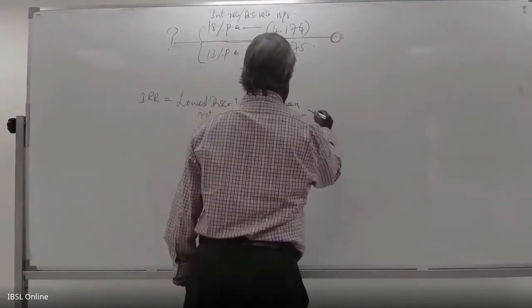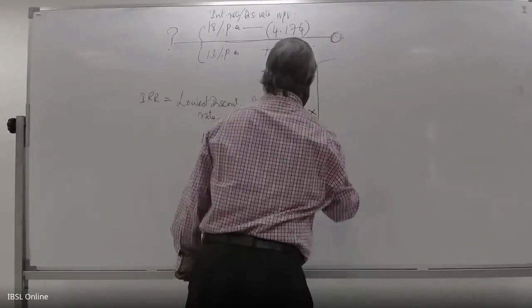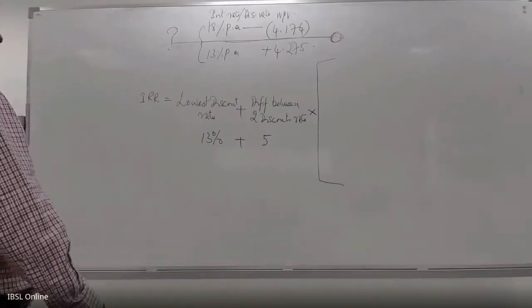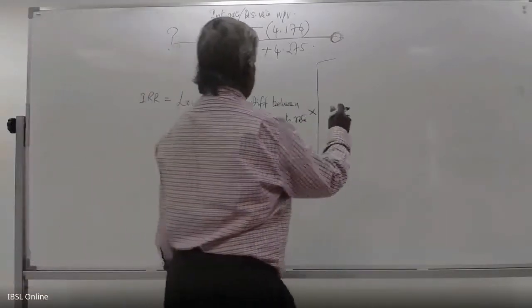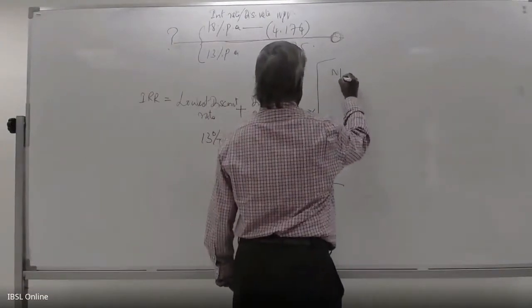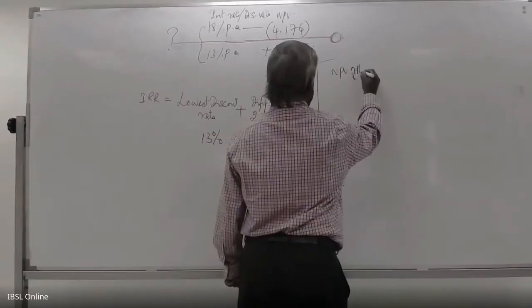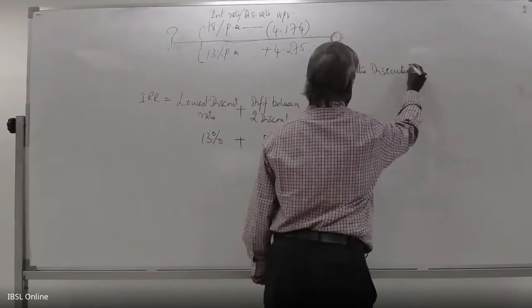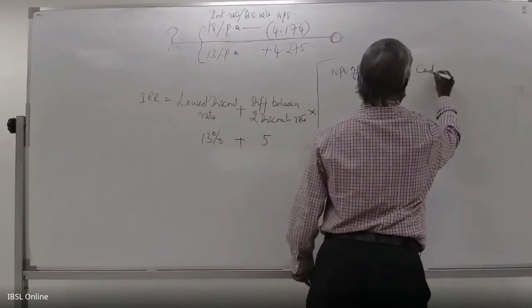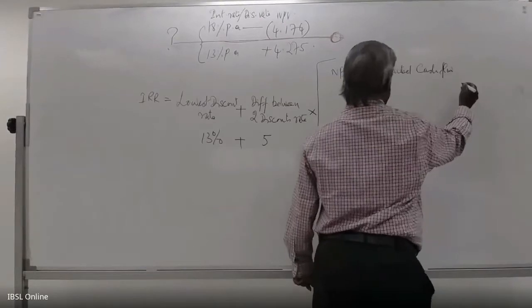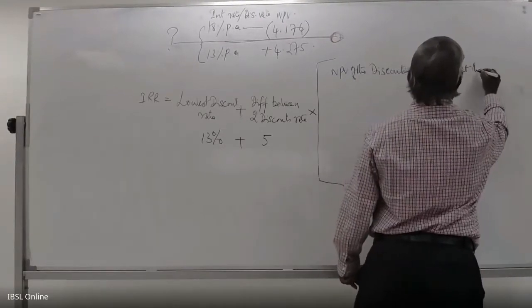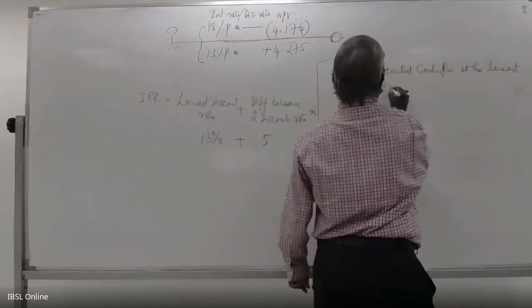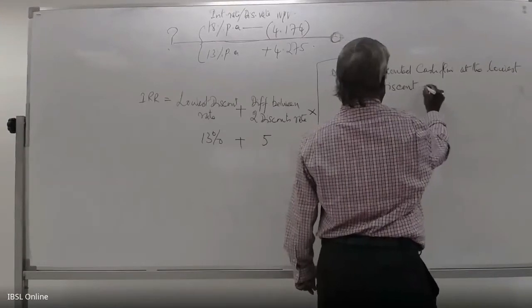Then into bracket: the NPV of the discounted cash flow at the lowest discount rate.